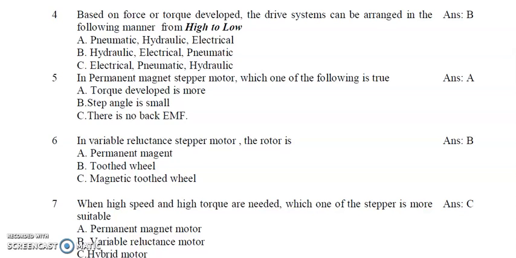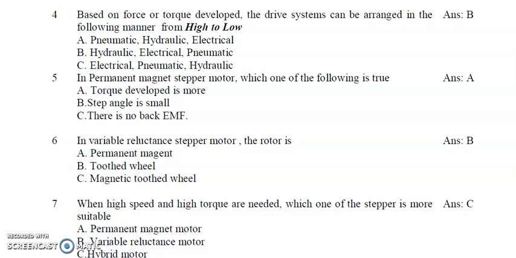Sixth question. In variable reluctance stepper motor, the rotor is A. permanent magnet, B. toothed wheel, C. magnetic toothed wheel. The second type of stepper motor is called variable reluctance. First we have seen the PM stepper motor, permanent magnet stepper motor. In variable reluctance stepper motor, the rotor is a toothed wheel. So option B is the right answer.